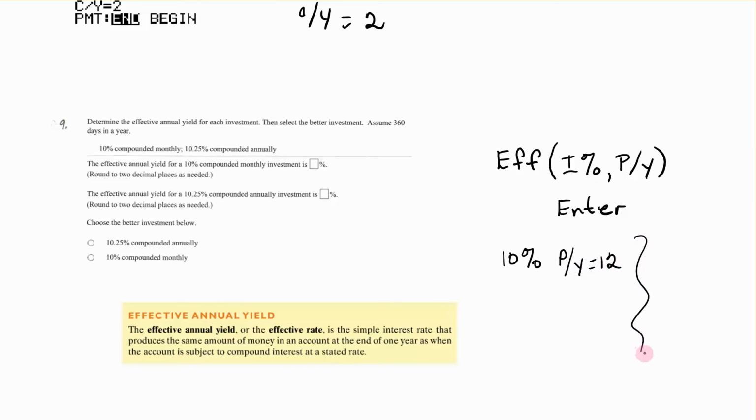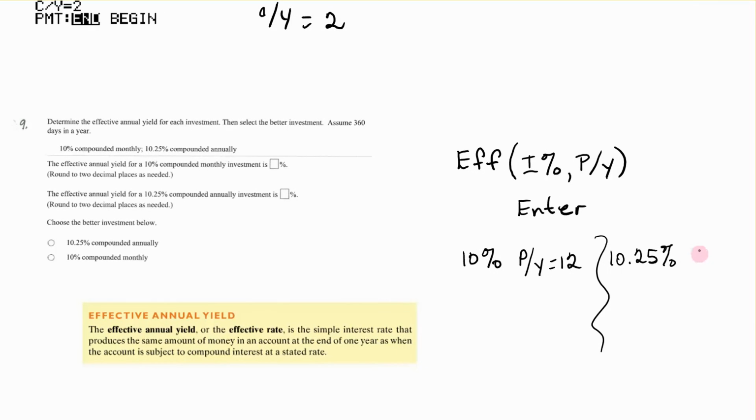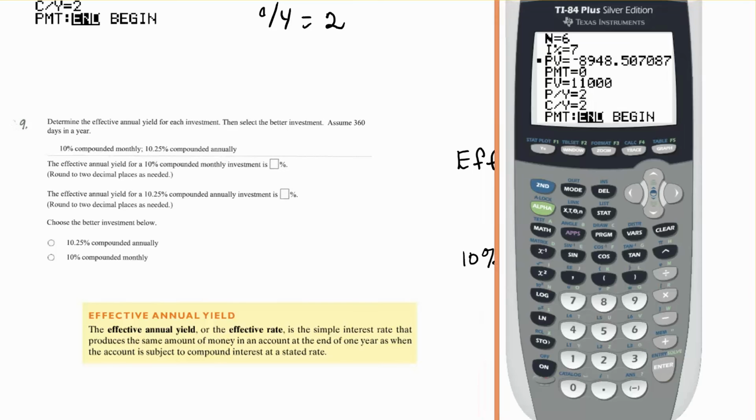We're going to compare that to 10.25 when the periods per year is 1. All right, so let me show you on the calculator how to do that.